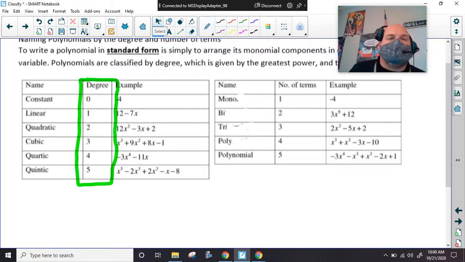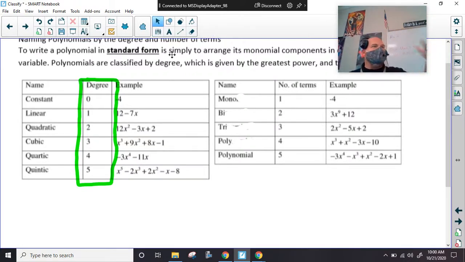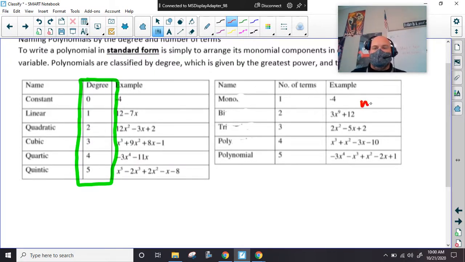You don't have to finish writing it out. Mono means 1. Bi means 2, like a bicycle. Then tri, and poly.